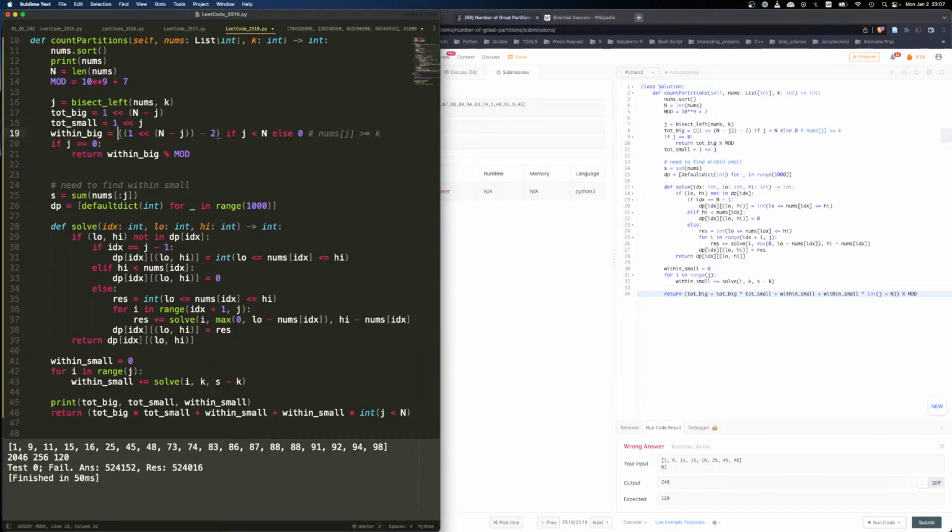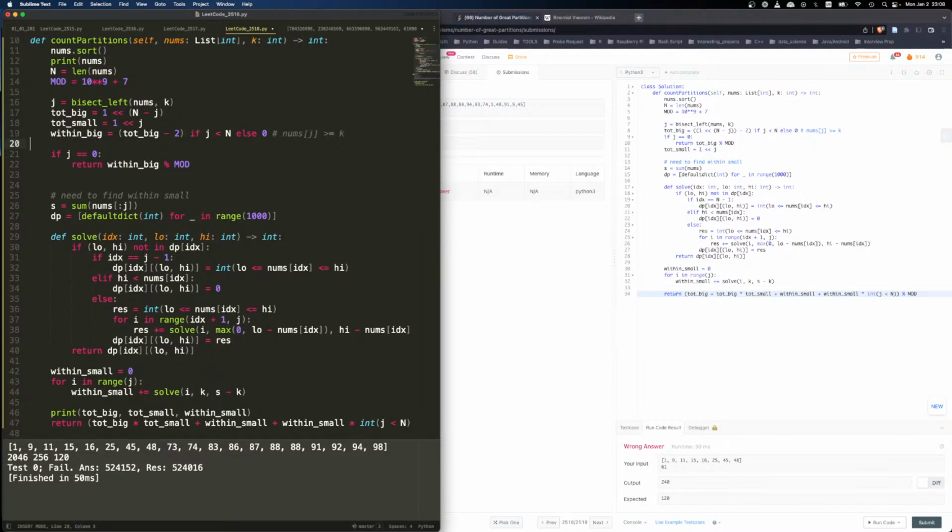Within big will be total big minus 2 if j is smaller than n, otherwise nothing.